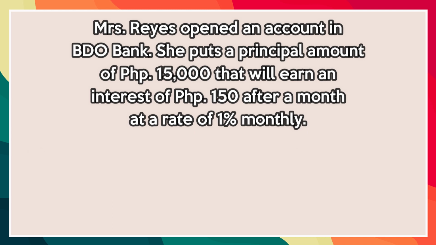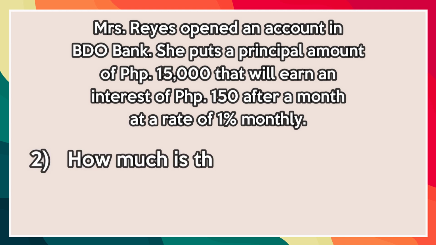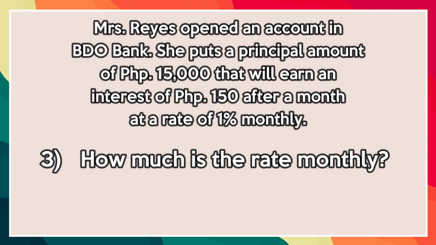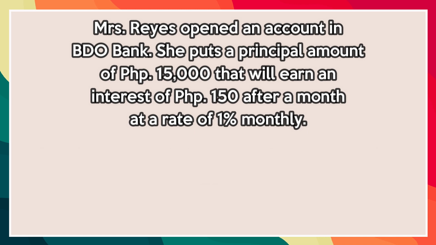Number 2. How much is the principal amount? What's your answer? Correct. The principal amount is 15,000. Number 3. How much is the rate monthly? Correct. 1% is the rate monthly.